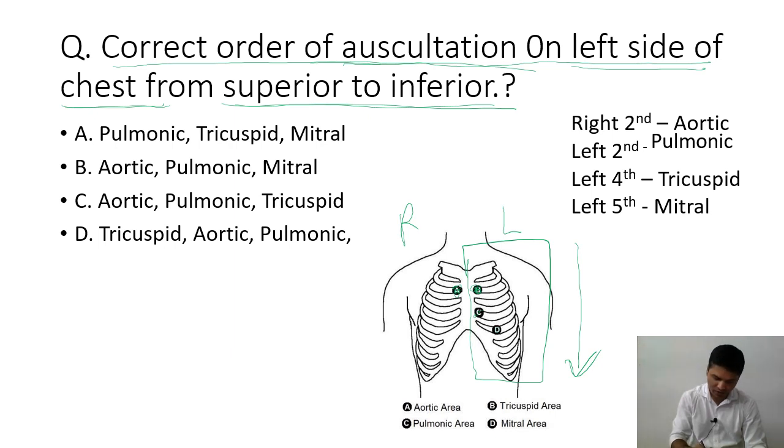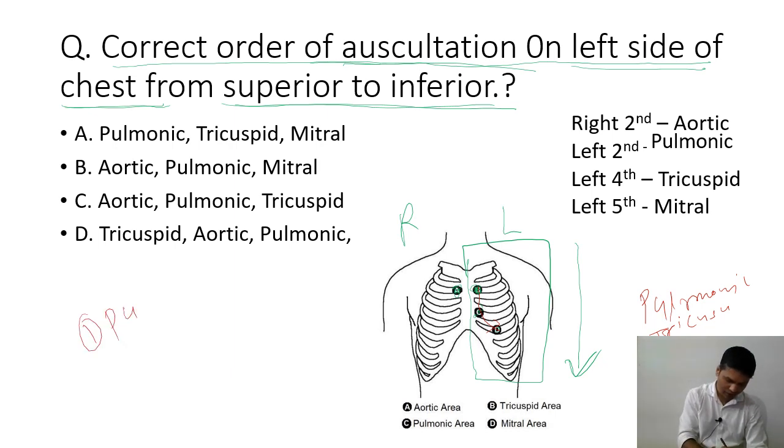So auscultation will go like this. First is pulmonic area, second tricuspid, and third is mitral.